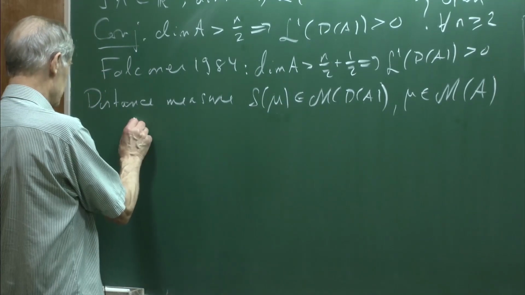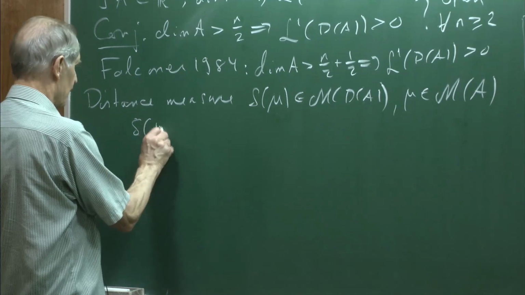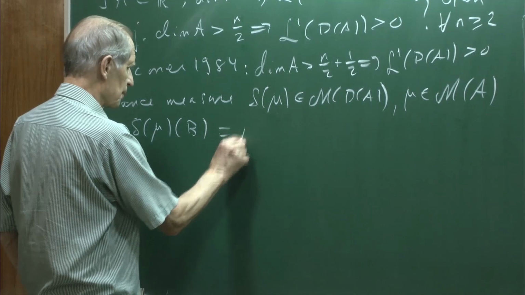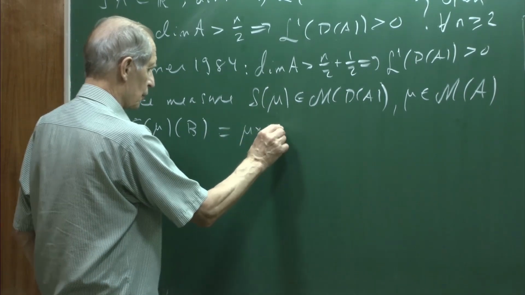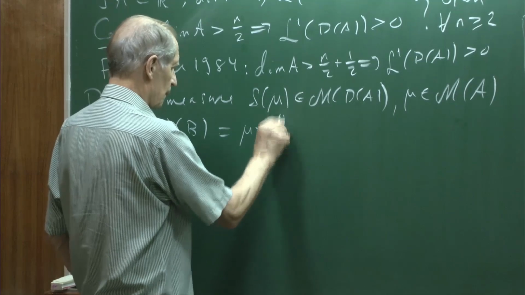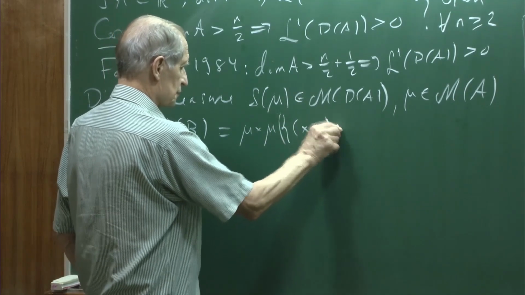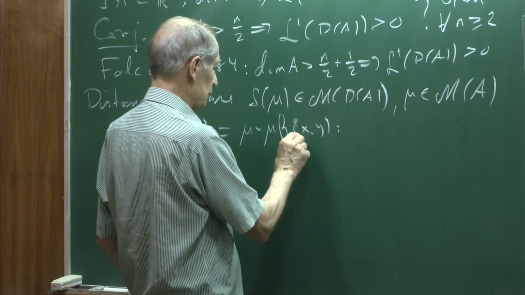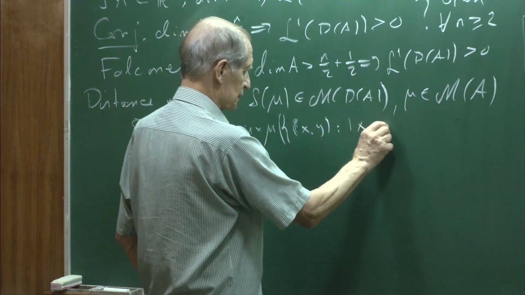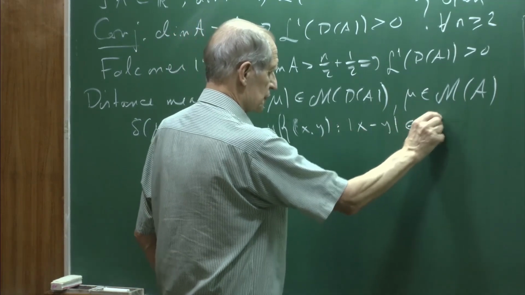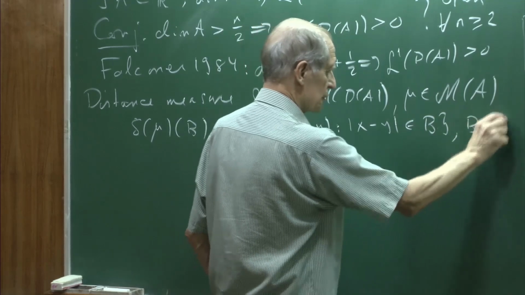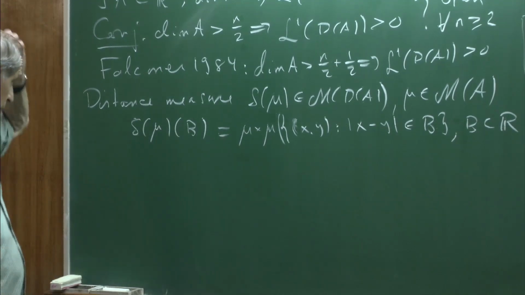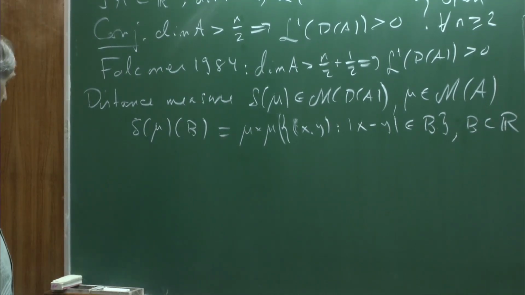Or in other words, delta mu of some set B on the line is the product measure of the pairs so that the distance generated by these pairs is in this set B, and B is a subset of R. So this measure lives in the distance set, when mu lives in A.